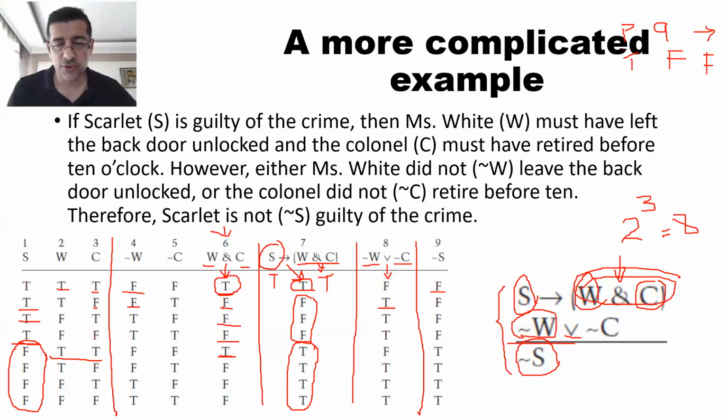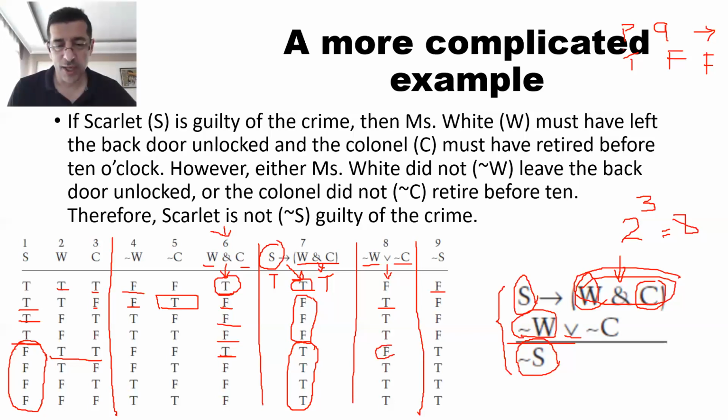Then for this to be true, what should this be? Definitely true. Is that right? So let's look at number 2. Not C is true here. Right, the second one is true. So what does this mean? This means that this is okay. Let's just check another one here.